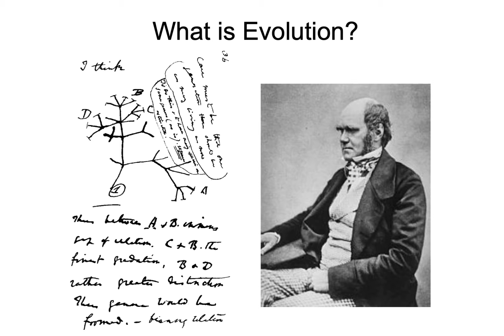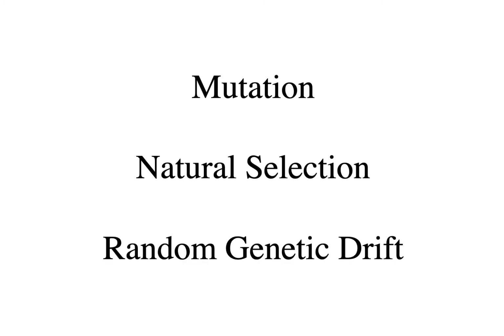Well, between 1830 and 1859. But we now know that evolution consists of three basic parts. One is mutation of the DNA or RNA in a particular cell or virus. And then natural selection, which is selecting for those mutations, either in a positive or negative way. And then random genetic drift. These are mutations that are not selected for or against, but they build up within an organism's genome over time.